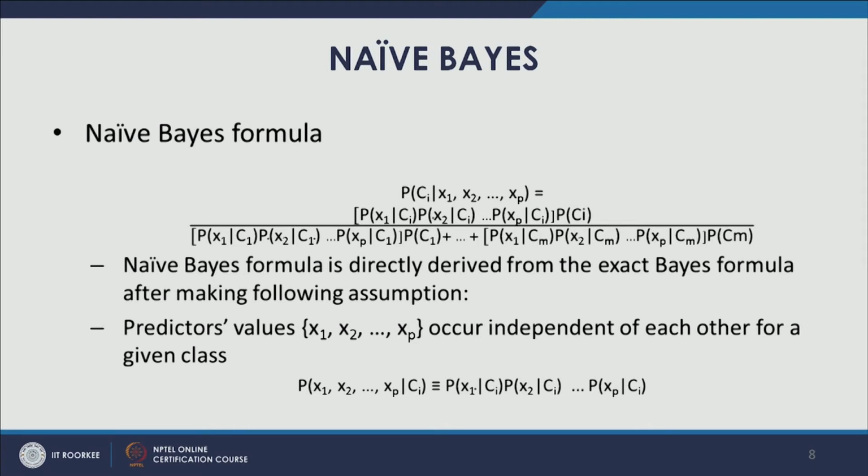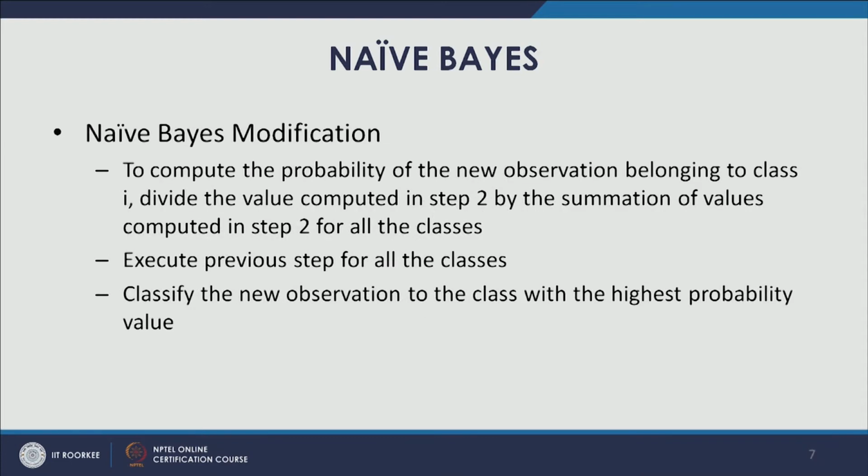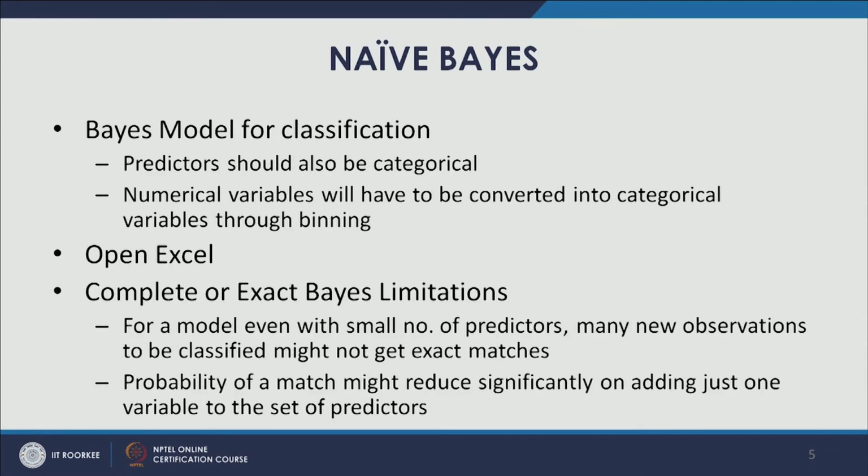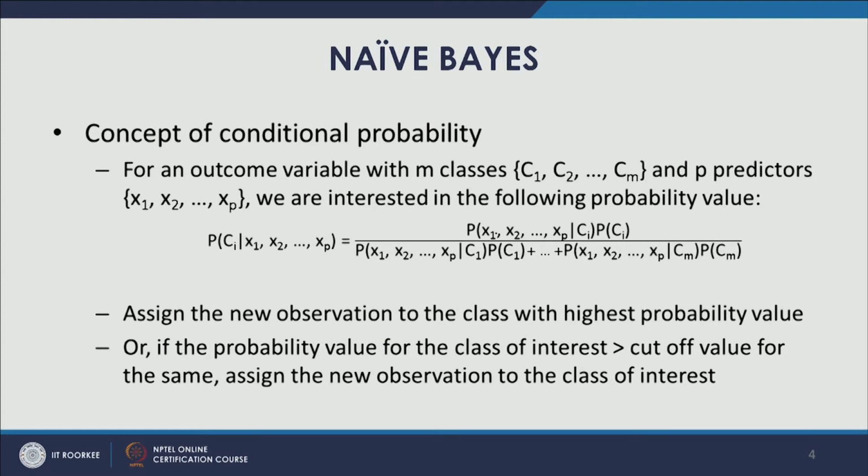Now, let us have a look at the formula for complete or exact Bayes. This was the formula for the complete or exact Bayes. This is the conditional probability expression that we generally use. You can see the probability of a particular observation belonging to Ci given the predictor values, and this is how it is expressed, right.